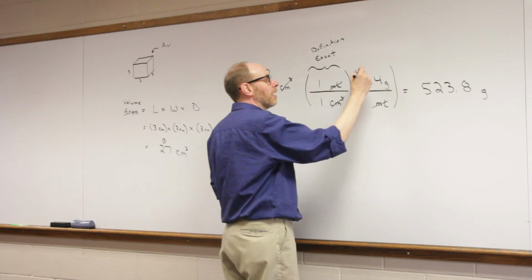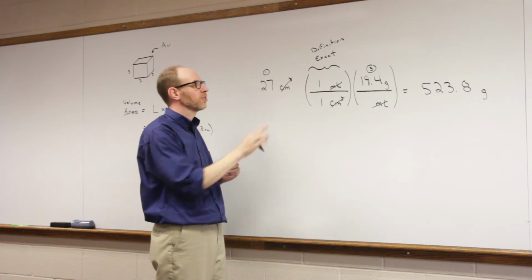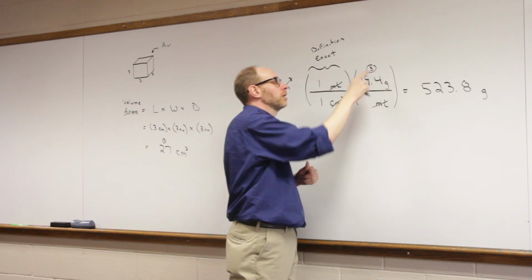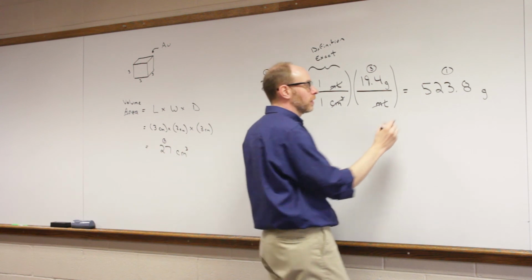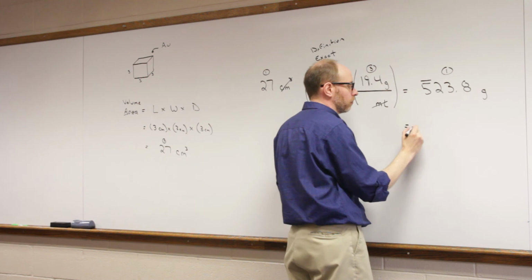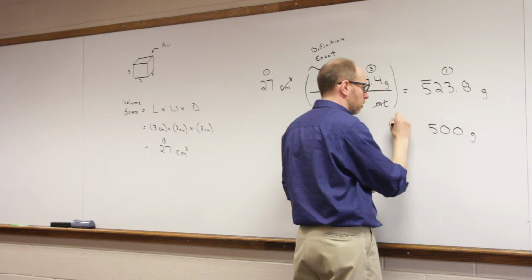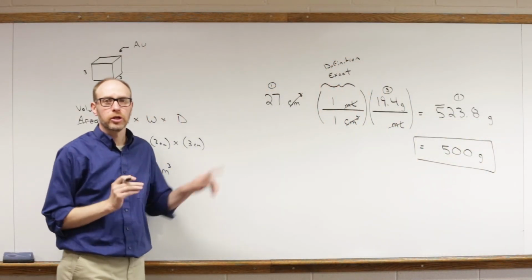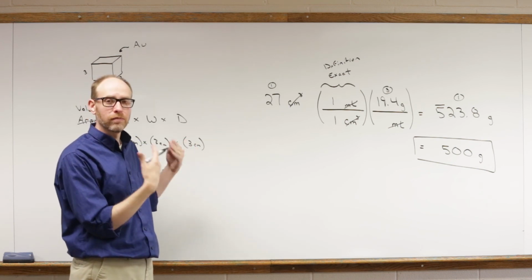The only portion here that's a measured number is the 19.4, which has three significant figures. I've got the 27 cubic centimeters with one significant figure. So our answer should end up with one significant figure. So we are going to round to the hundreds place, and we end up with 500 grams.